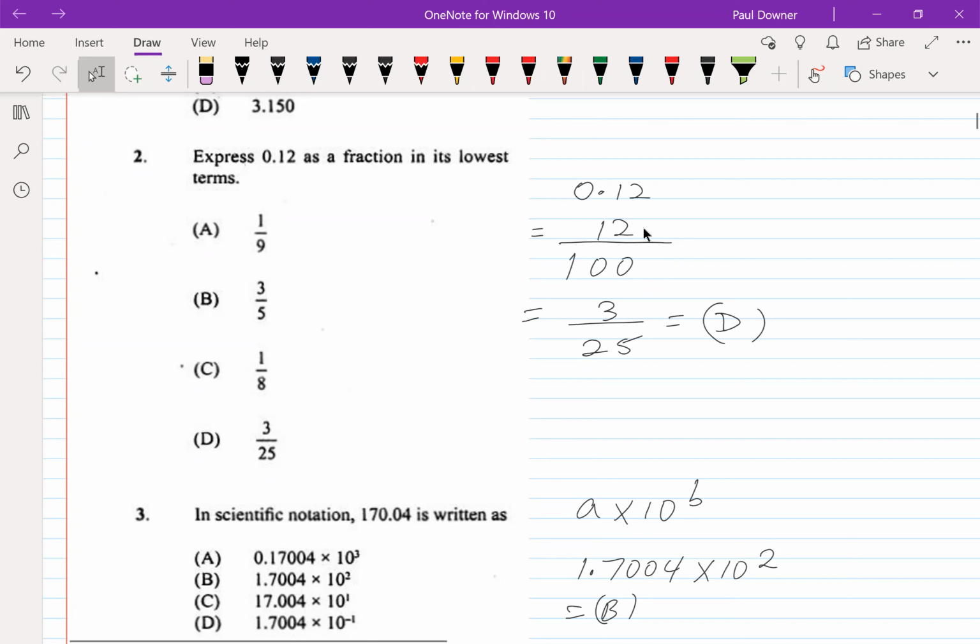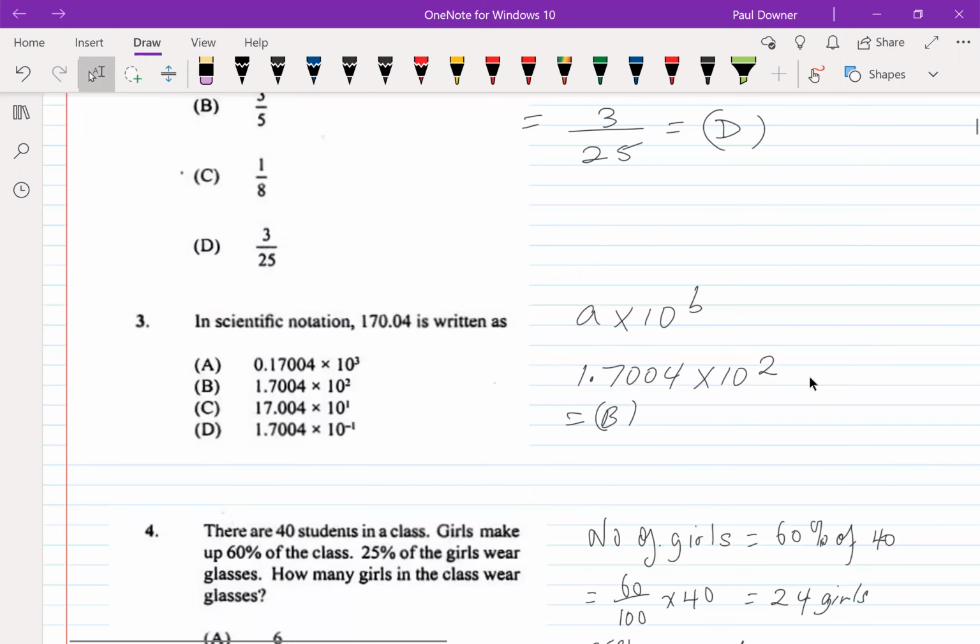So 4 into 12 is 3, and 4 into 100 is 25. So 0.12 as a fraction in its lowest terms would be 3 over 25, or 3/25, which corresponds to answer D. All right. Next one, number 3.